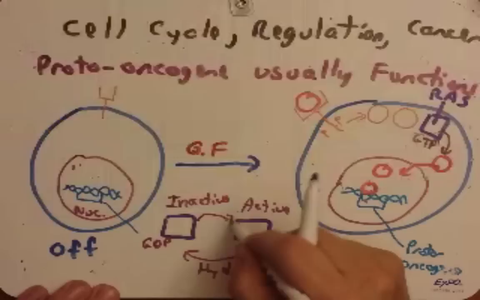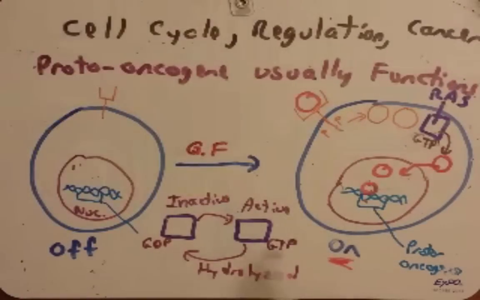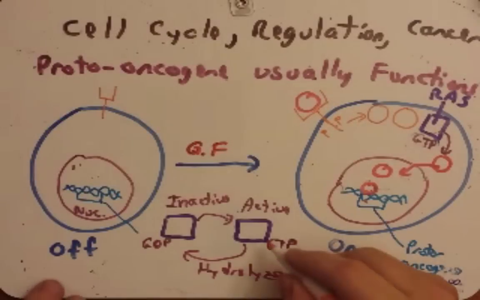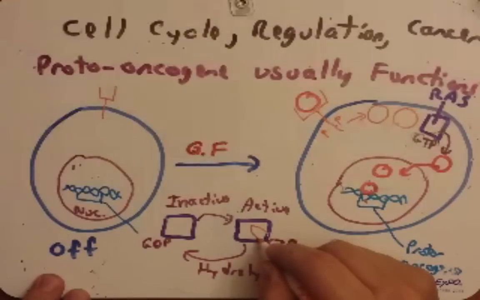And then it becomes active again by exchanging the GDP for GTP. So how do you allow this RAS protein that's bound to GTP to always be active? Turns out you can get a mutation here in this structure, the active site that binds GTP.